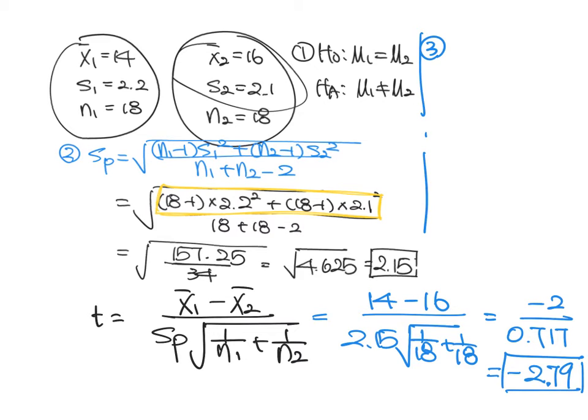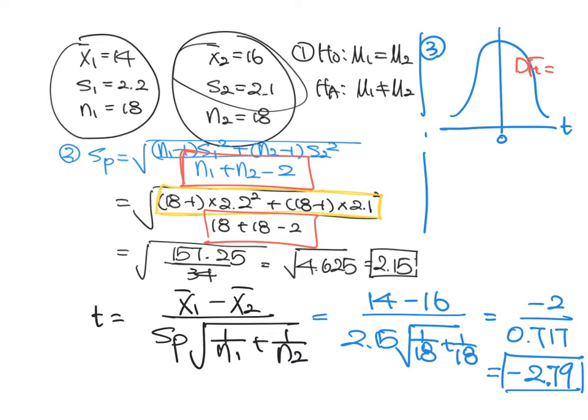So step number 3, from the t-distribution with mean equals 0, how many degrees of freedom? The degree of freedom was 34. And now the test statistic is negative 2.79.